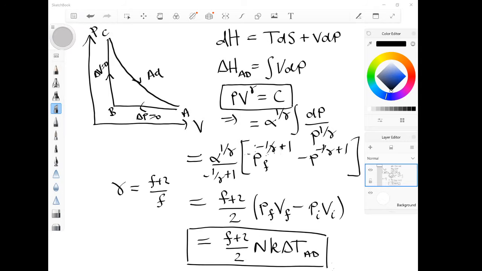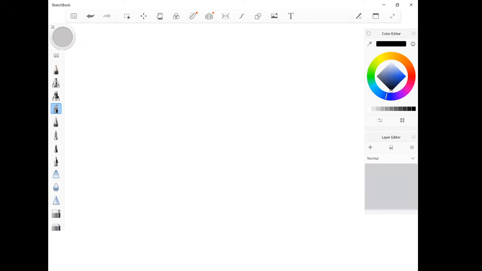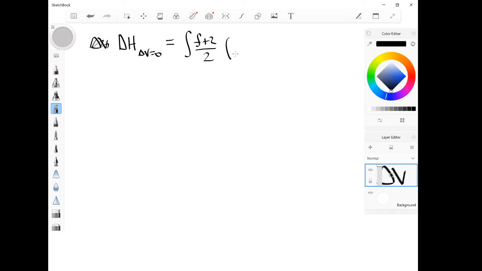The next thing we want to do is calculate the change in enthalpy for the constant volume process, and that's just going to equal (f on 2 plus 1), that is (f plus 2) on 2, of PdV plus VdP.